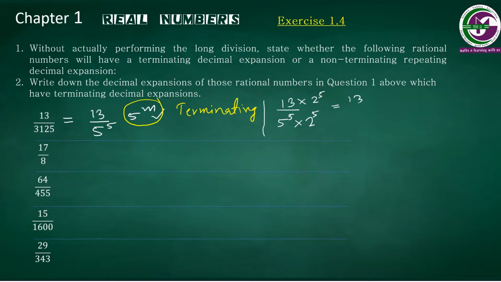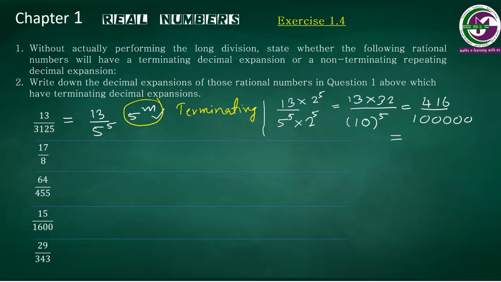So it is 13 multiplied by 32 divided by, using the exponential law, 5 times 2, that is 10 to the power 5. Which means 13 times 32, it is 416, divided by 5 zeros, 1 2 3 4 5, and now it is easy to convert into a decimal expansion.